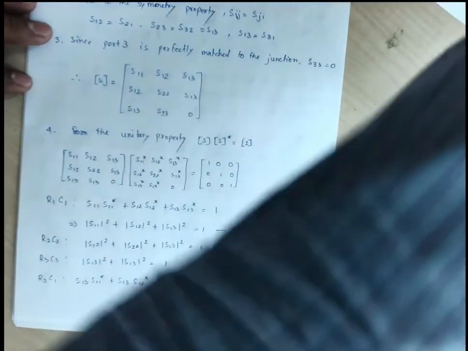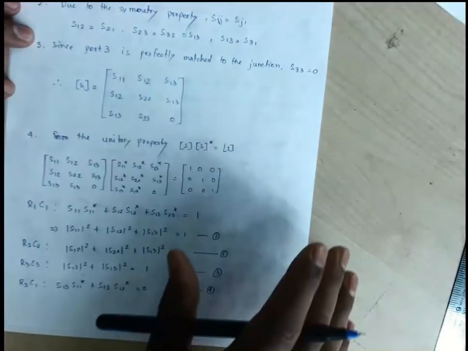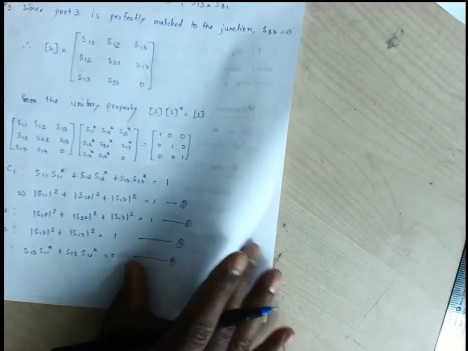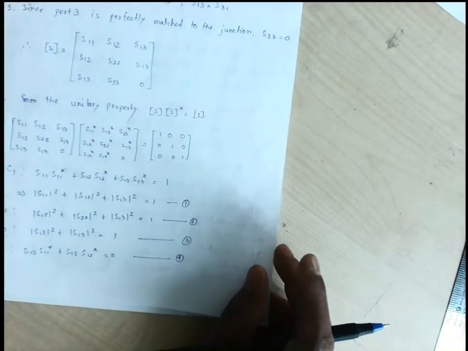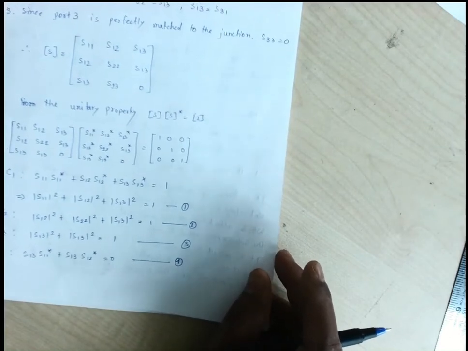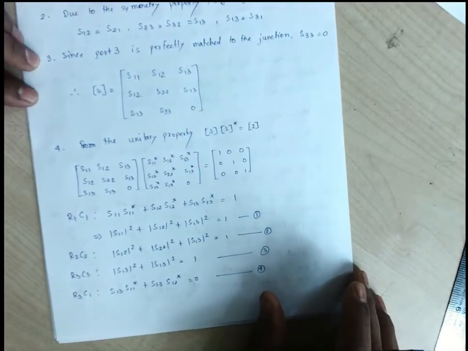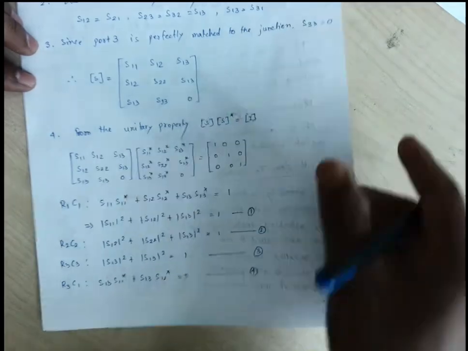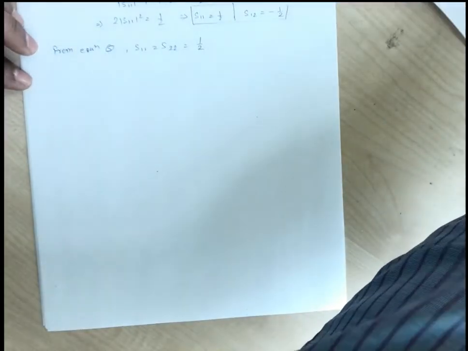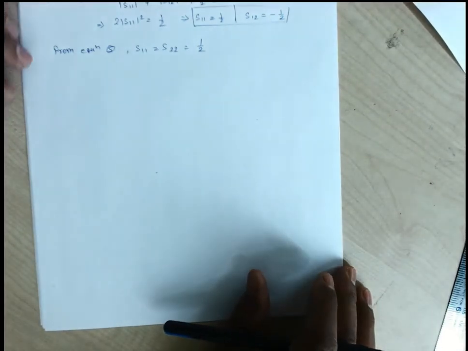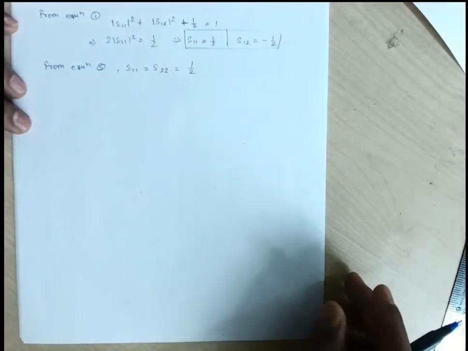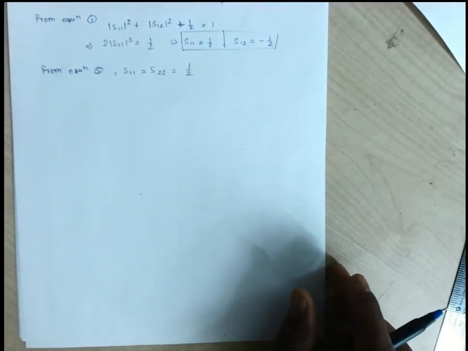We have already derived these values by doing this analysis, by taking different properties of the S matrix. We have seen the different S parameters and what are the numerical values for these parameters. So we have taken all the values for this S matrix.